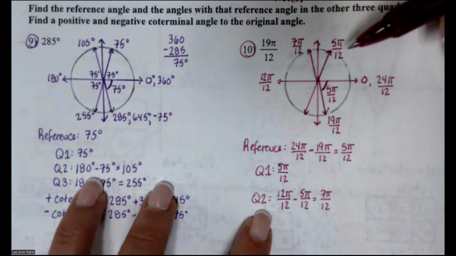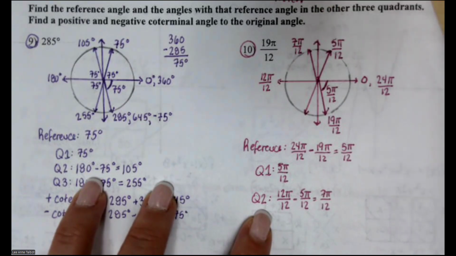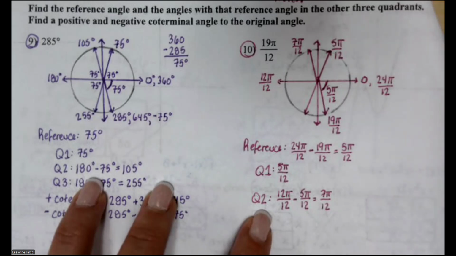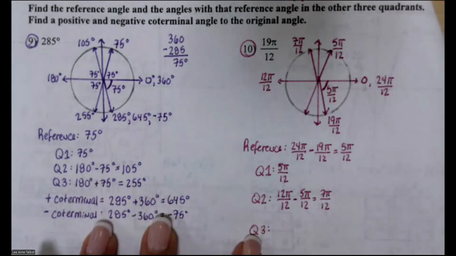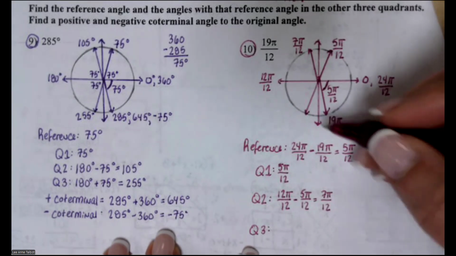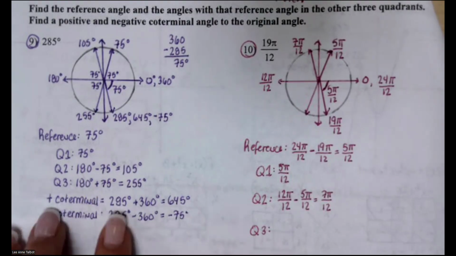Why does this make sense logically that this would be 5 and this would be 7? What would the middle be? 6. Does that make sense? Okay. And I don't label it on purpose, but if you want to label it, by all means you can. I just think that children end up making their angle to the y-axis instead of the x-axis, and so I just don't do it.